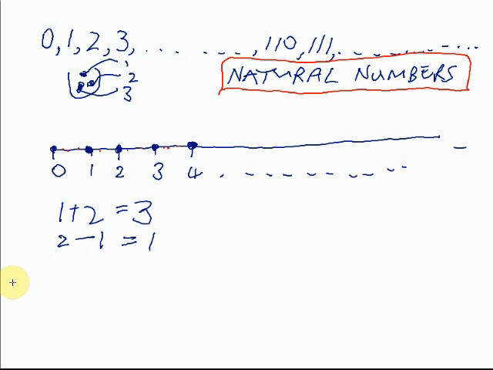The operation of multiplication, 2 times 2, 2 lots of 2, equals 4. And 4 divided by 2, how many 2's go into 4? Well, 2 2's do. So 4 divided by 2 is 2. And we perform these simple operations. Now, there are other operations we can perform on numbers, but addition, subtraction, multiplication, and division are the 4 that you're probably familiar with.